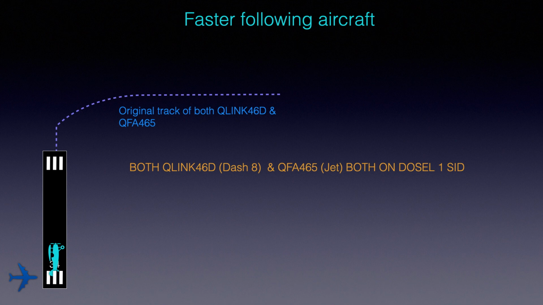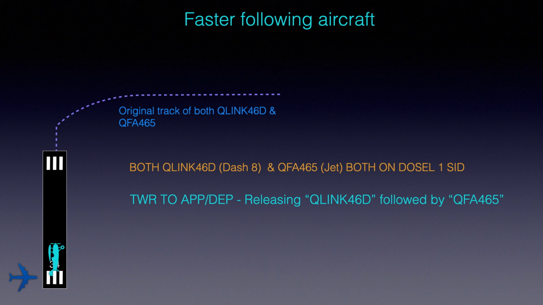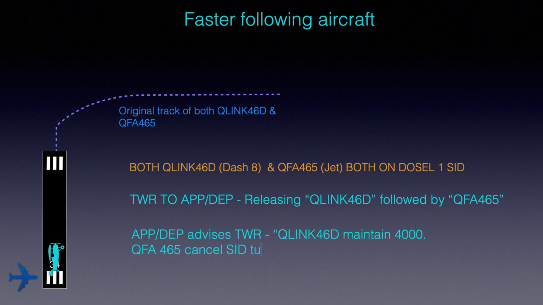Okay, so once again, we've got the same situation. And tower, like I said, being a really good tower, he said releasing Q-Link 46 Delta followed by Qantas 465. Now, what can you do this time? Well, you can say Q-Link 46 Delta, maintain 4000.